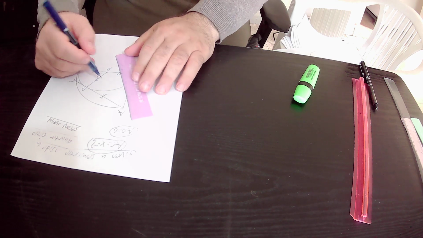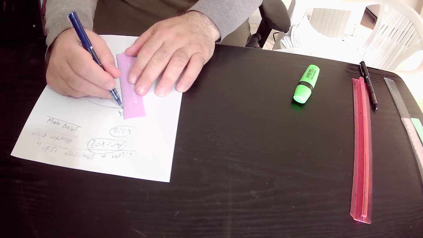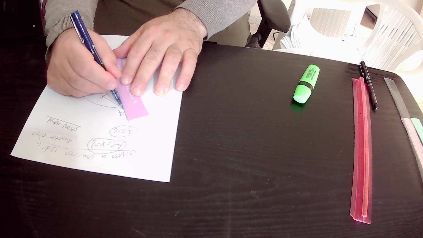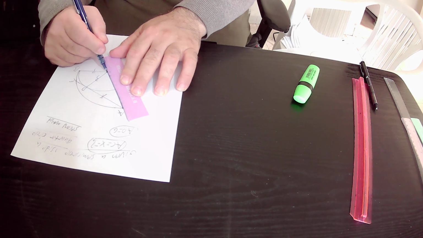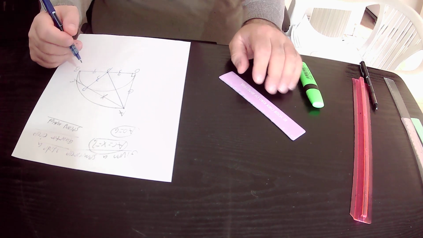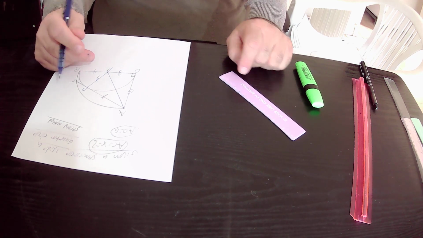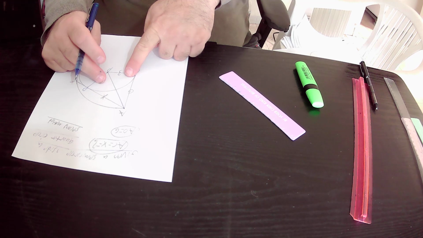We join points A and P together by a straight line. In the first method also, we actually proved that those two triangles are congruent according to the side rule.